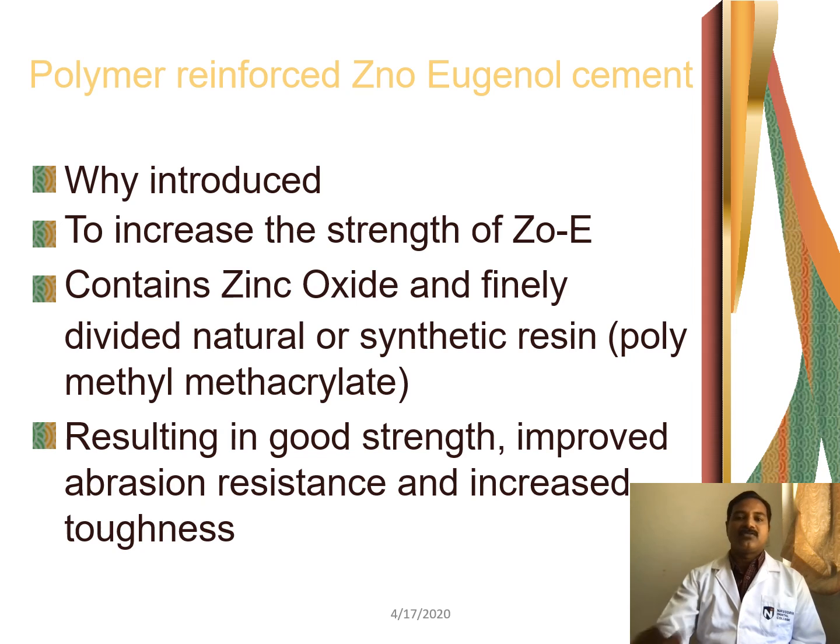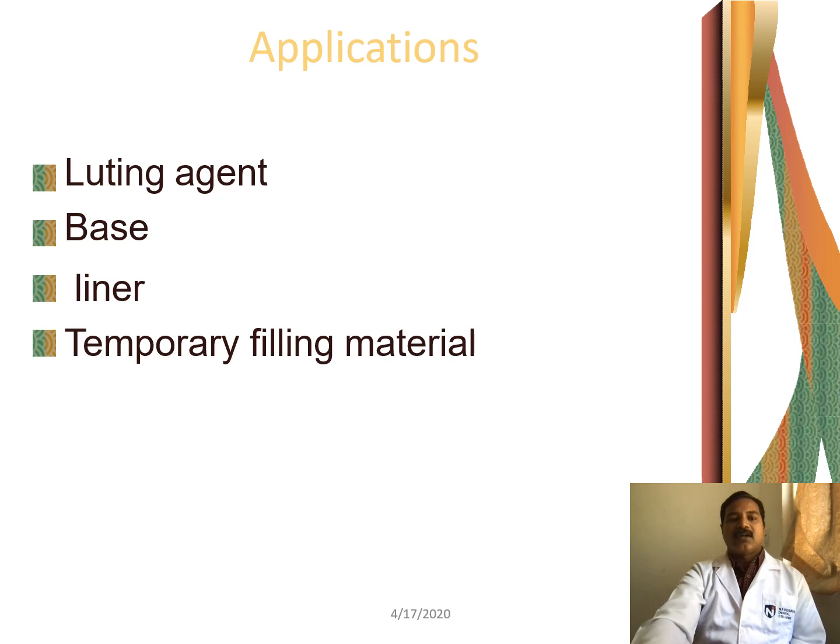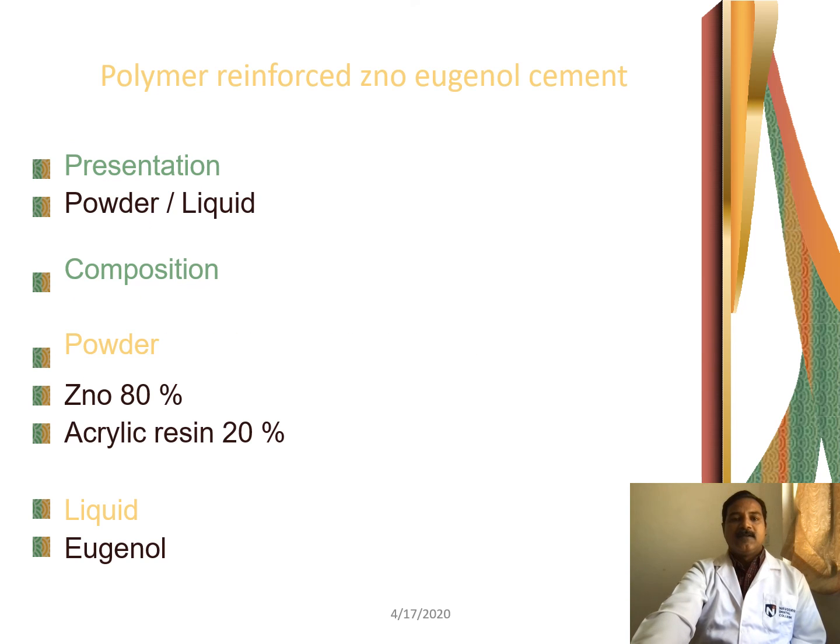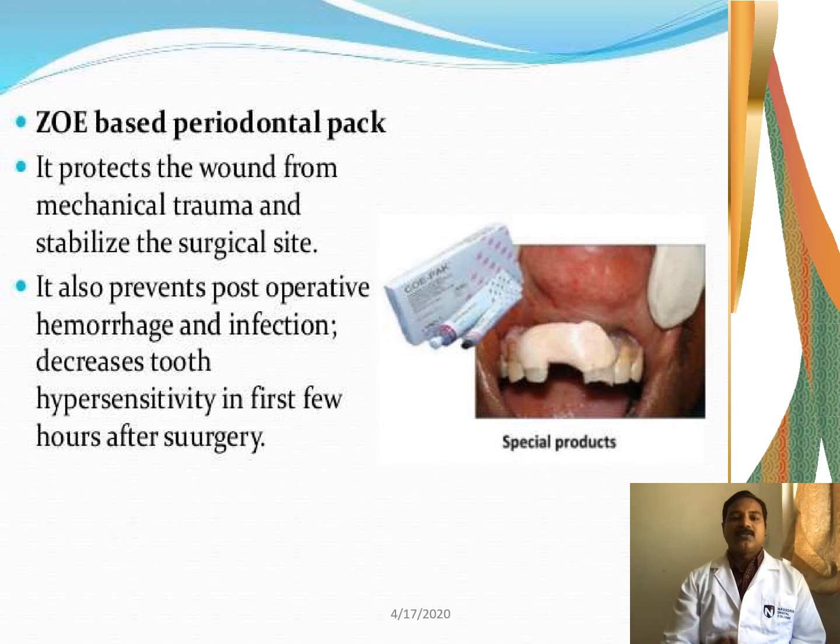It is called polymer reinforced zinc oxide eugenol cement, because of good strength, improved abrasion resistance and increased toughness. It is used as a luting agent, as a base, liner, and temporary filling material. It can also be used as a periodontal pack. Zinc oxide eugenol is also used for periodontal purposes.